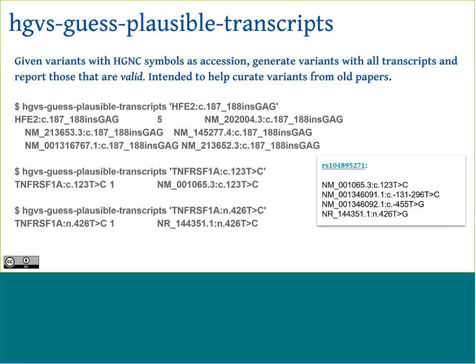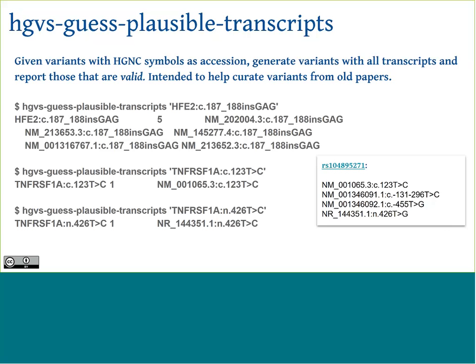So all that's going on here is that, given a symbol, we can look up all the transcripts. We try the specified sequence change on that transcript and then call the validator to ask whether this looks valid. And if it does, then we return it, and if it doesn't, we don't return it.